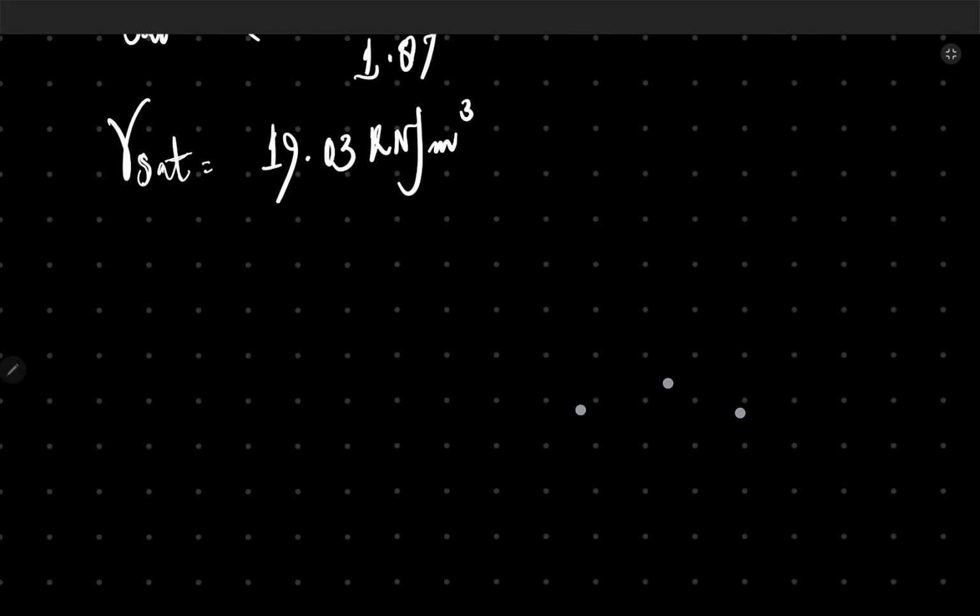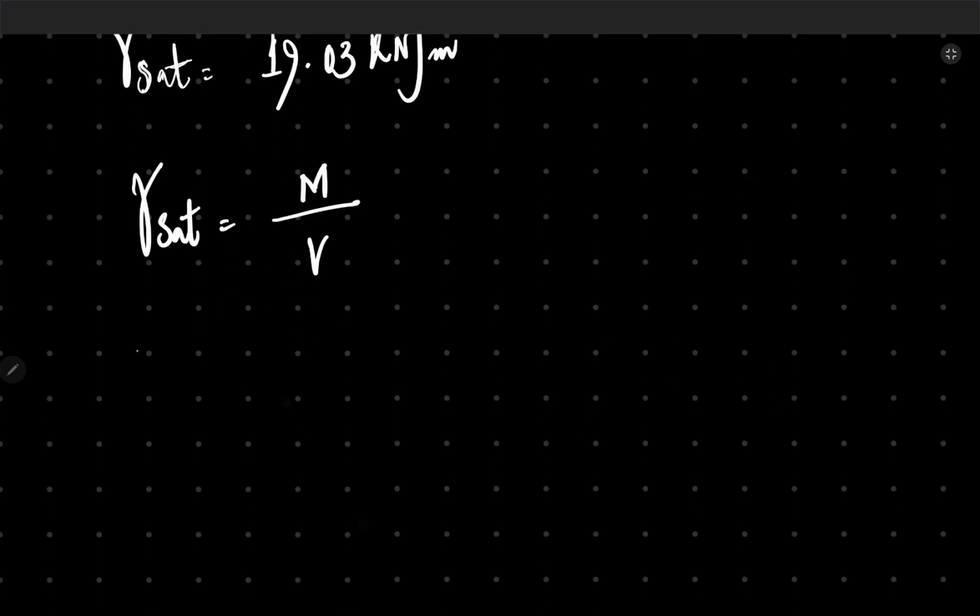And we know the saturated unit weight is mass divided by volume. Saturated unit weight we have calculated as 19.03. It will be mass of the soil in saturated state divided by volume.